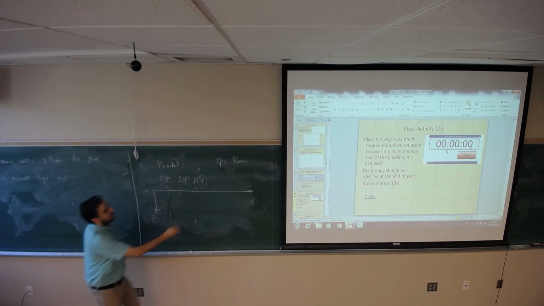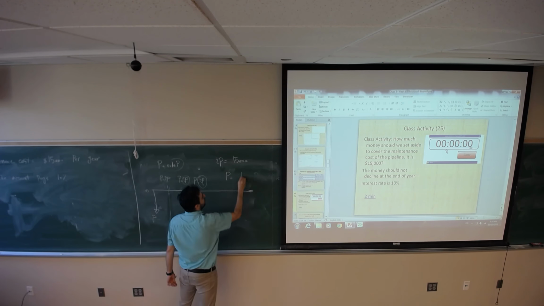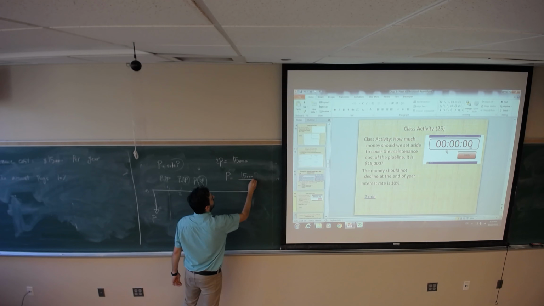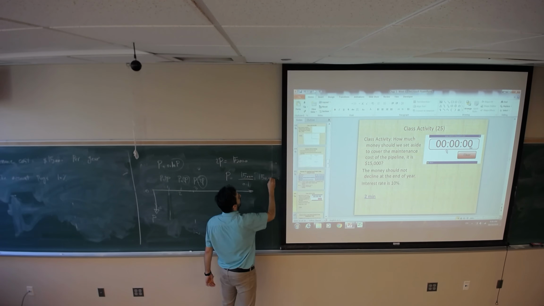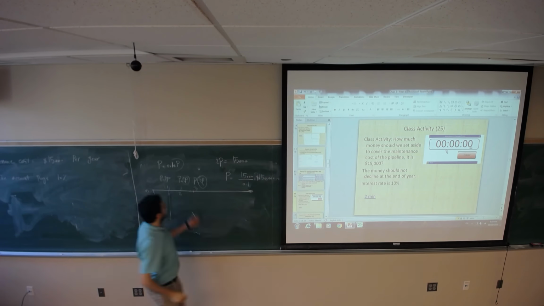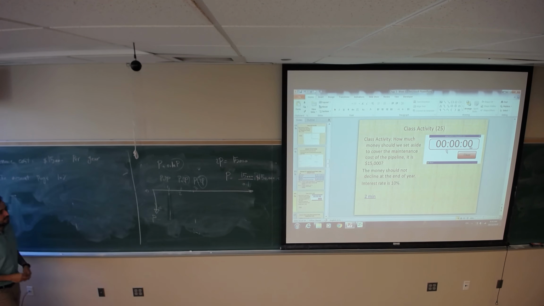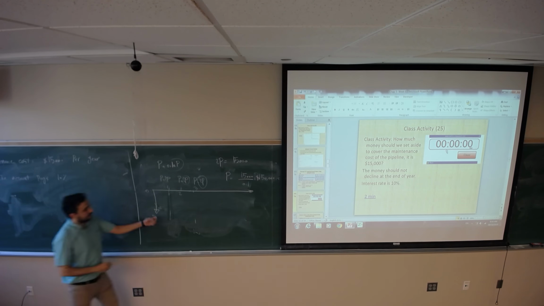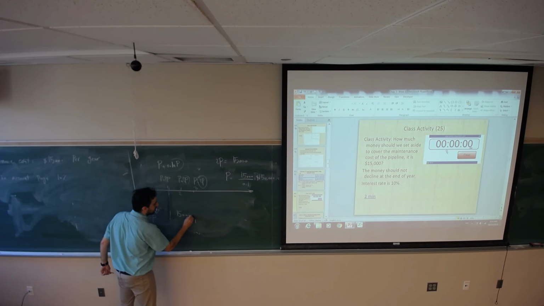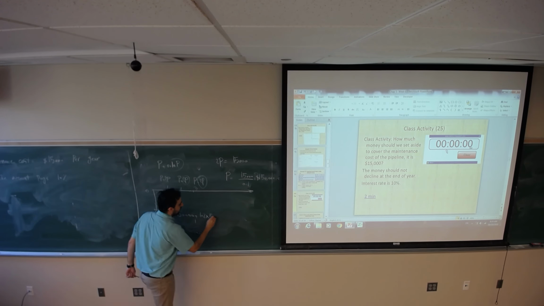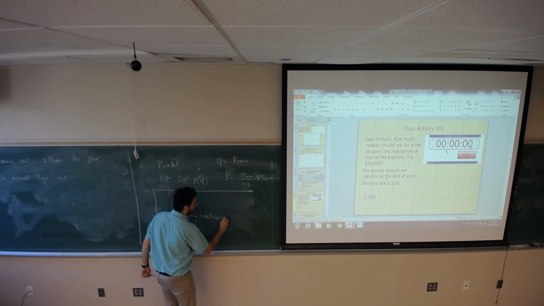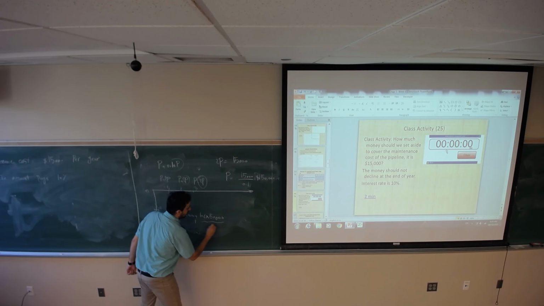So P would be 15,000 divided by 10%, which is $150,000. So if you set aside $150,000 in the account, after 1 year you are going to have $150,000 plus 10% of $150,000, which is $15,000.